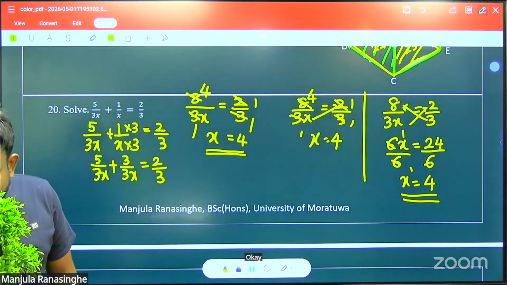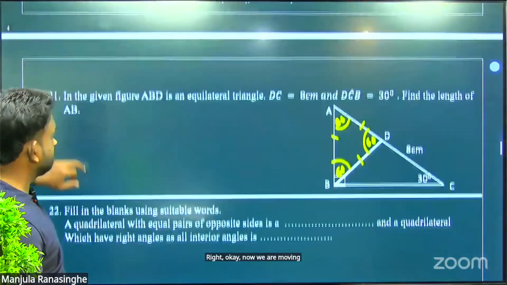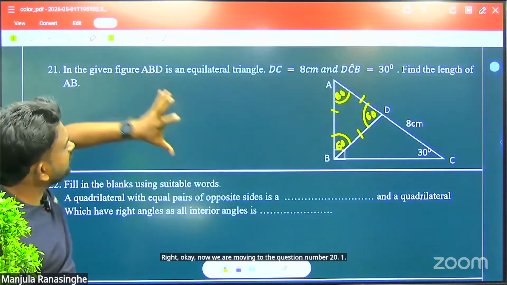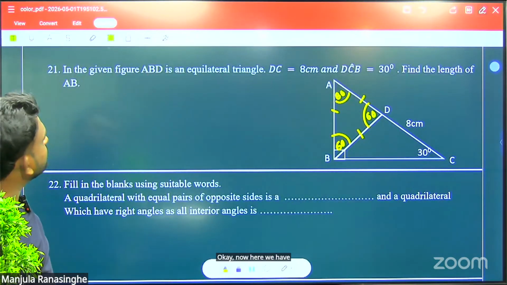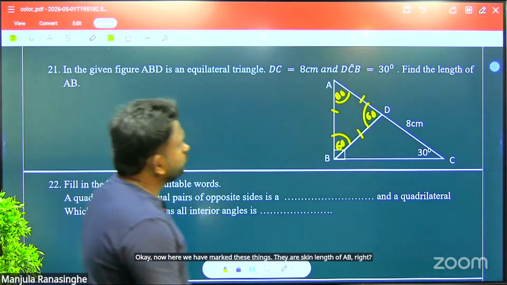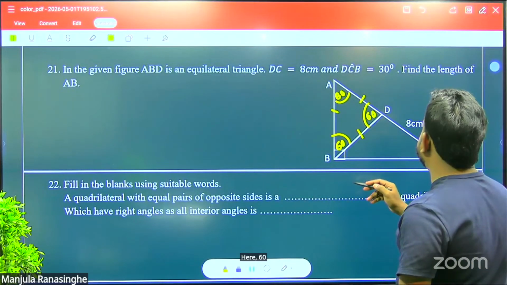Okay, sir, thank you. Okay, right, now we are moving to question number 21. Now here we have marked these things. They are asking the length of AB, right? Now here 60 means here 30 comes.